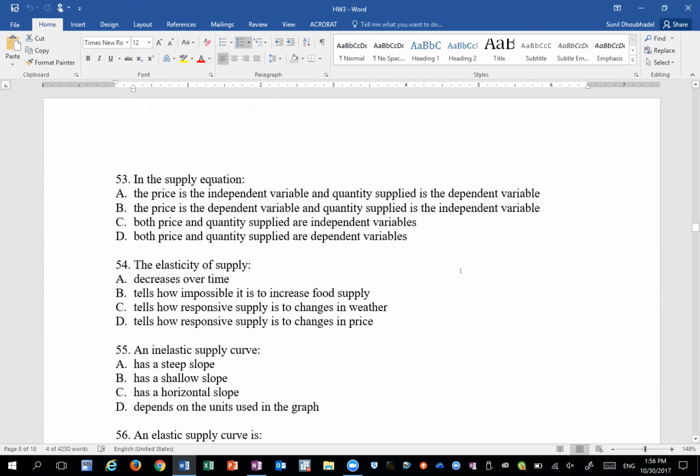The elasticity of supply, number 54. The elasticity of supply decreases over time, tells how impossible it is to increase food supply, tells how responsive supply is to changes in weather, tells how responsive supply is to changes in price. Changes in price. Okay.